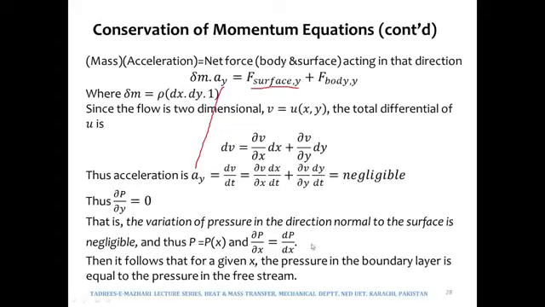So the pressure inside the boundary layer would be the same as the pressure outside the boundary layer. And what is the pressure outside the boundary layer? It is the pressure of the free stream fluid. So therefore pressure inside the boundary layer would be the same as the free stream pressure.